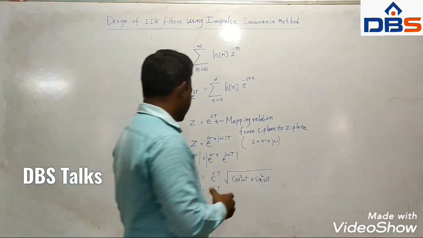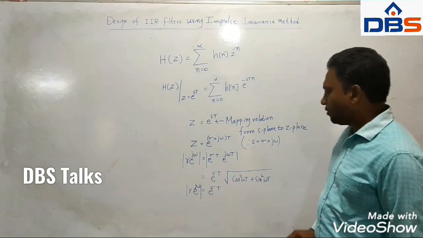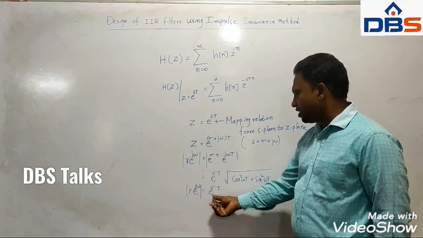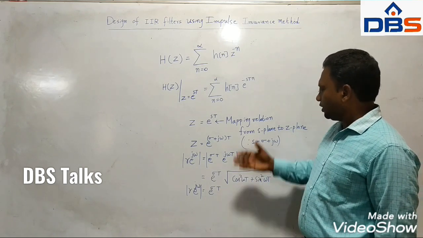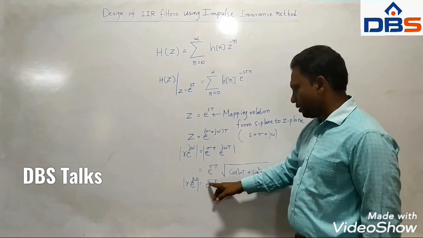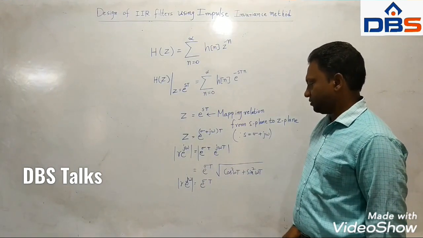This is a very important relation, because the magnitude r of r into e power j omega is e power sigma t. Based on the sigma value, the mapping will change.